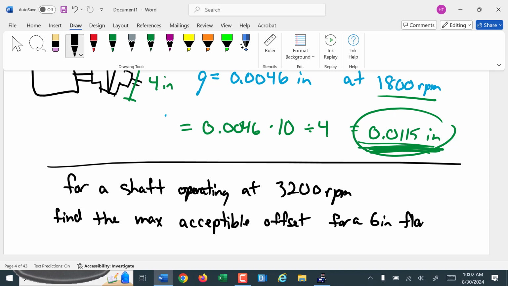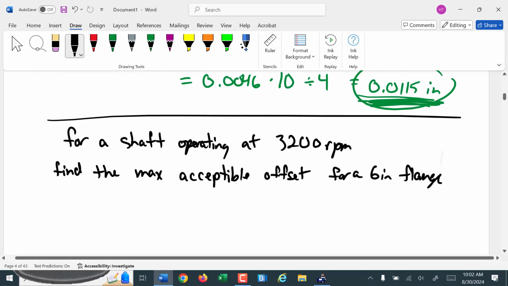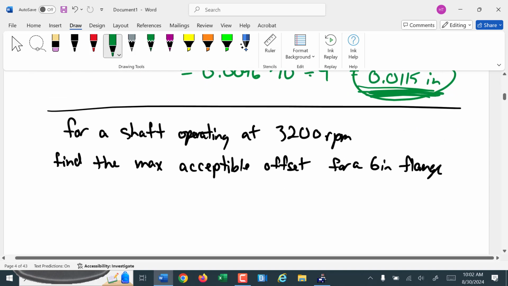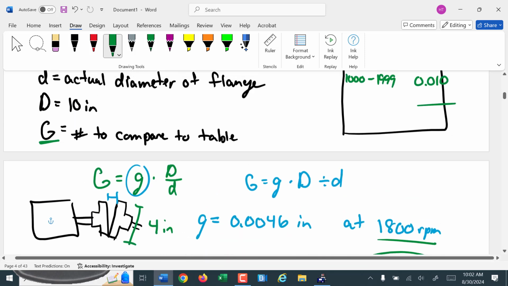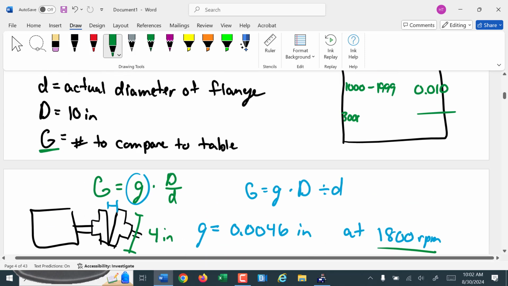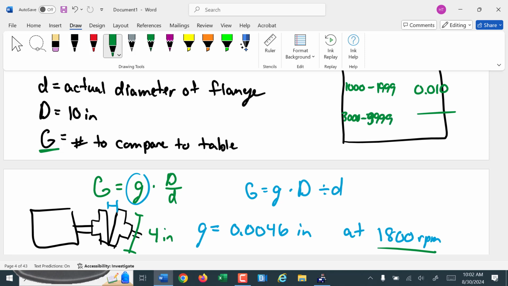Find the maximum acceptable offset for a 6-inch flange. So 3,200 RPM. Go to the table, we find 3,200 goes between what range?